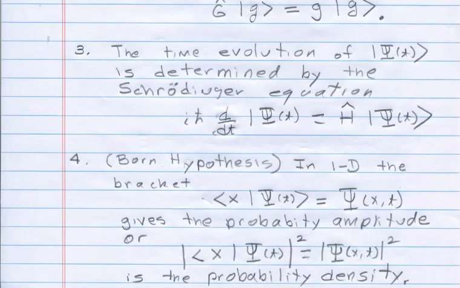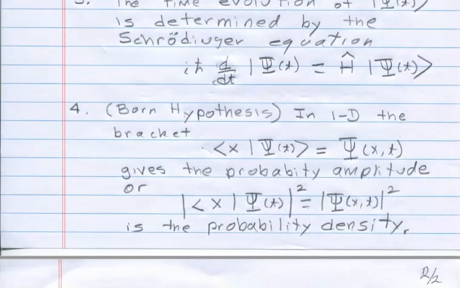And we had the Born hypothesis. That was this probability assumption. And I'll just list it in 1D. In one dimension, the bracket, and here we've got x times the state function, or operating the inner product of the position with the state function gives us the wave function psi of x and t.